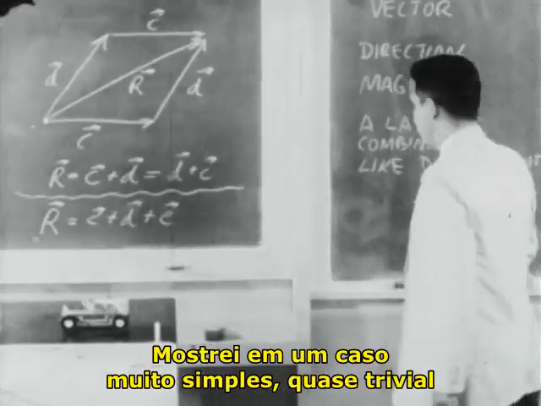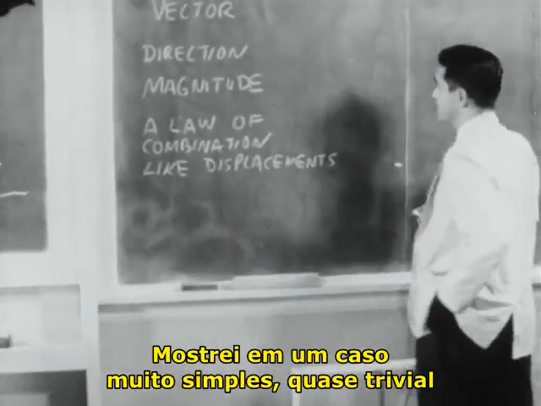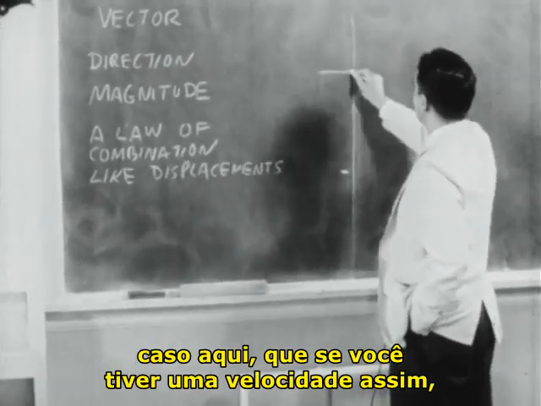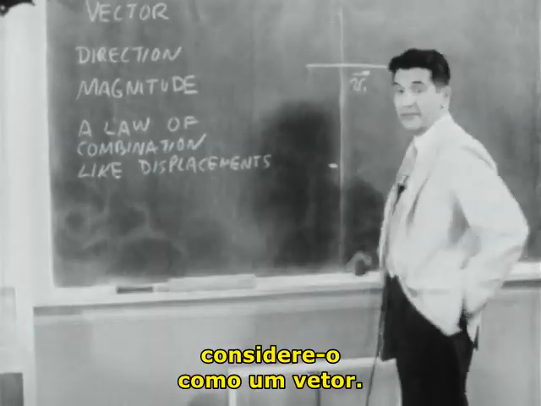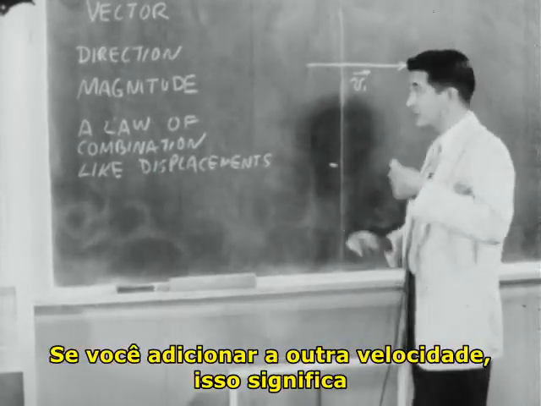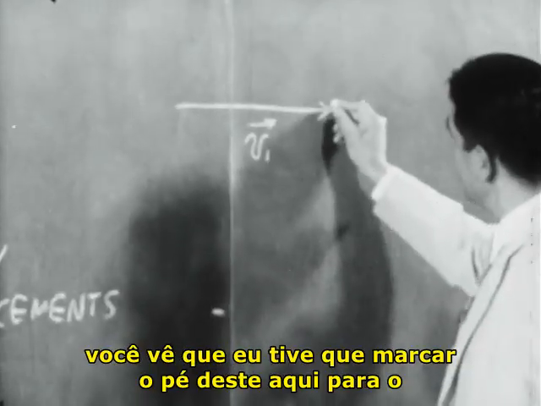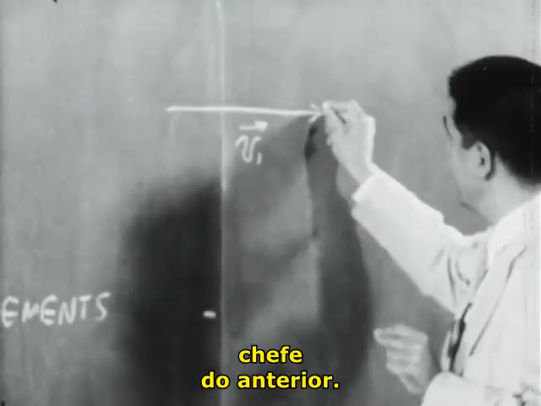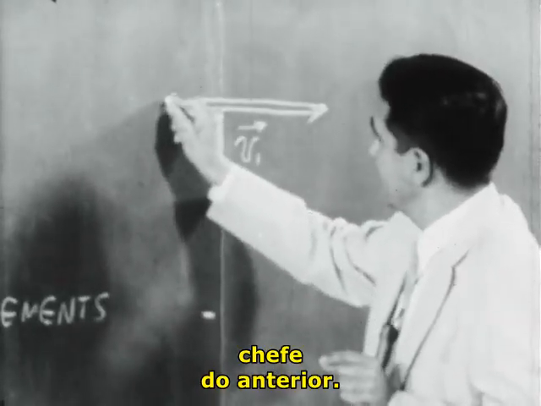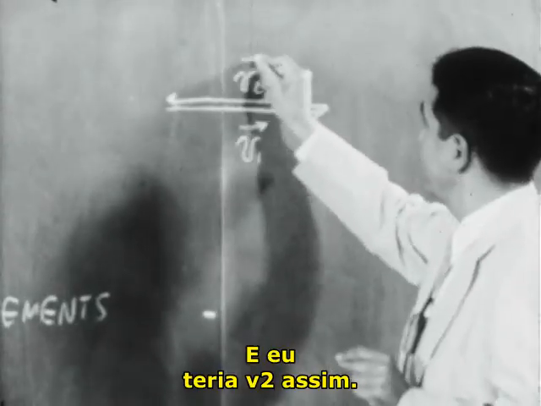I have shown in a very simple, almost trivial case here, that if you have a velocity going like this, considered as a vector, and you add it to another velocity, you see that I have to tag the foot of this one to the head of the previous one, and I have V2 like that.